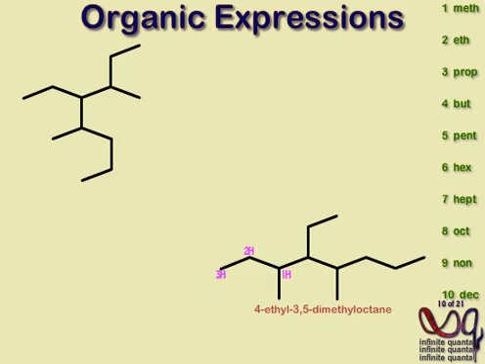So this is a primary, primary, primary, primary. The R is anything else. It could be another carbon, an oxygen, or a fluorine. So the number of hydrogens around the carbon directly relates to this primary, secondary, tertiary naming.